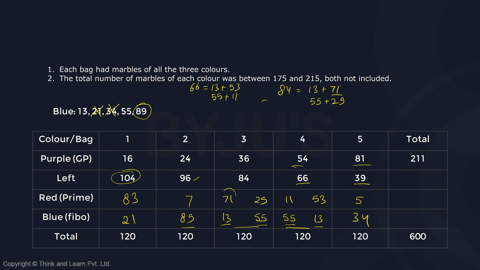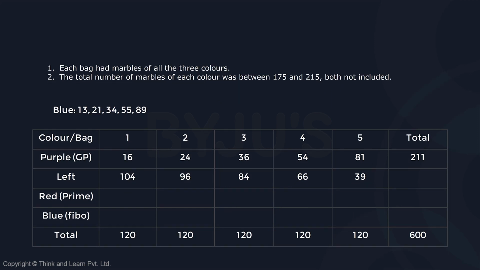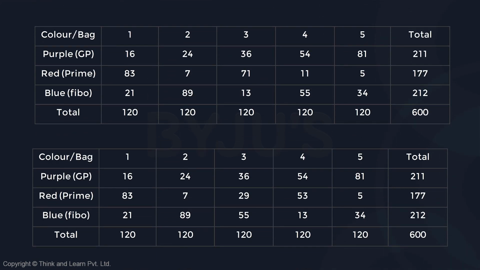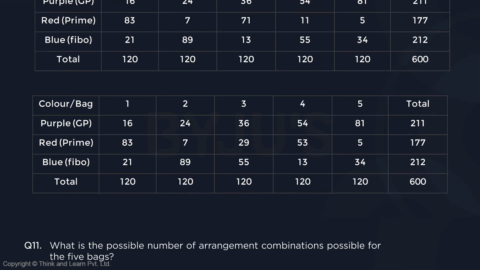Now one case will be with this and the other case will be this. 2 cases, right? Not 4 cases, because one of them will follow the other, correct? So this is how we can make 2 cases. One with 71, 13, 11, 55. One with 29, 55, 53 and 13. Now we can solve the question.